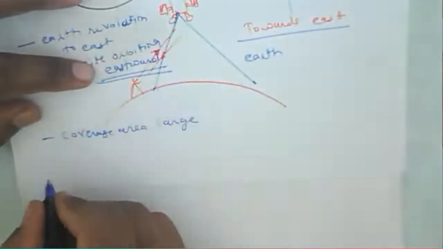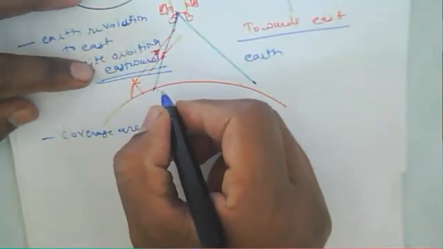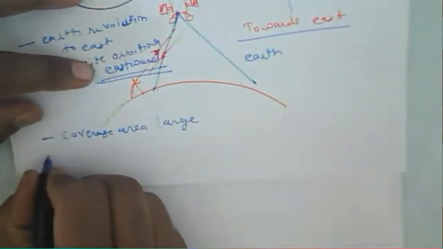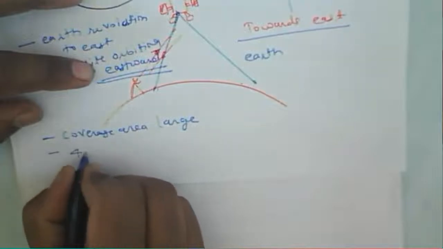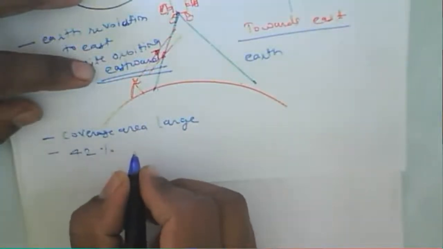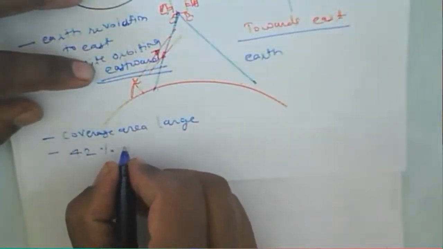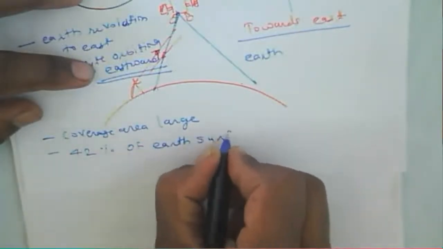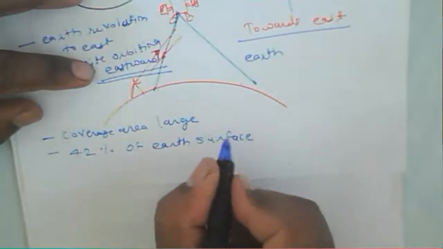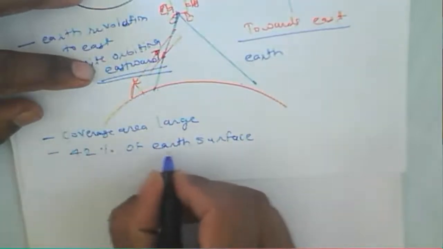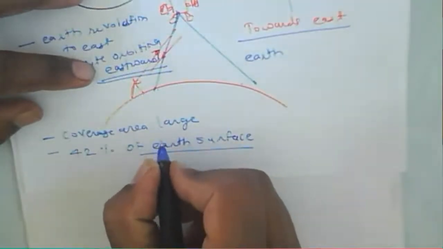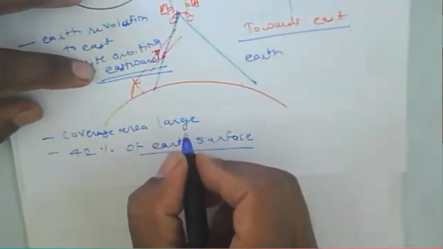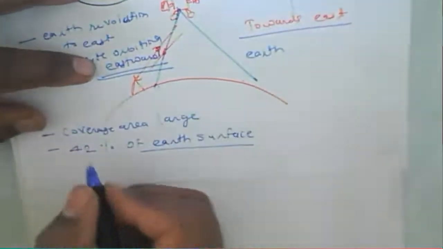If we talk about a geostationary orbit, how much coverage area is covered by this particular satellite? It covers 42% of the earth's surface by a geostationary satellite, or geostationary orbit.